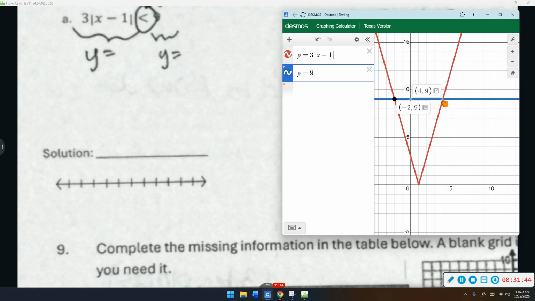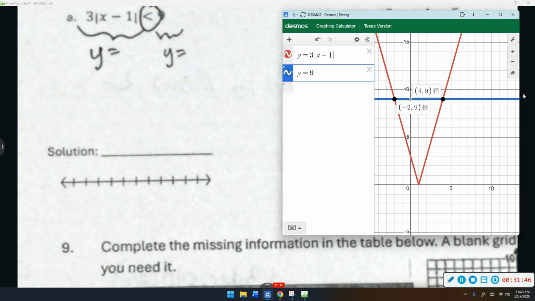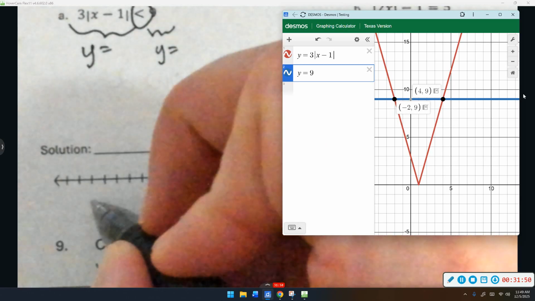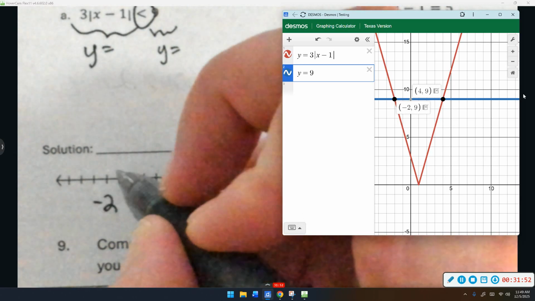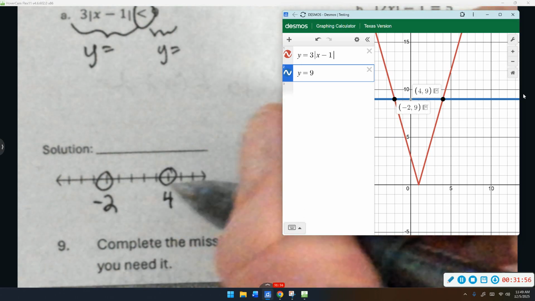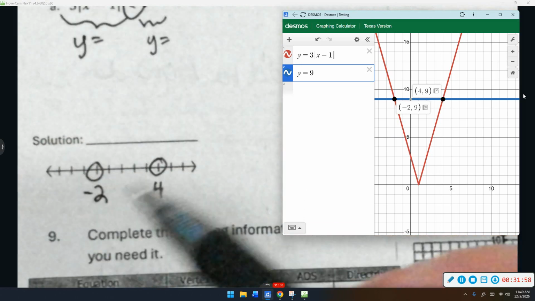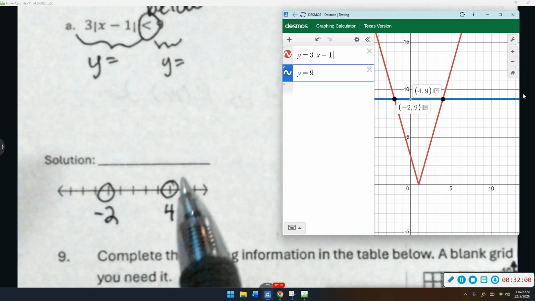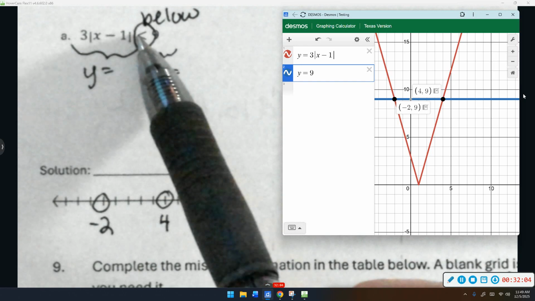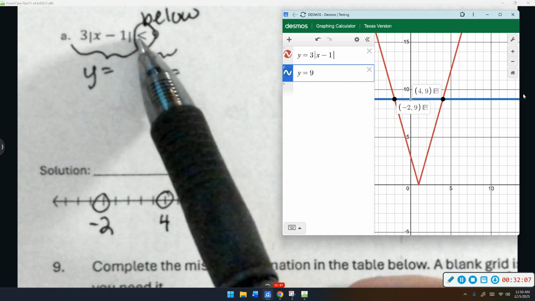They intersect when x is 2 and when x is 4. Just kidding, negative 2. So negative 2 and 4. I'm not counting the appropriate amount of spaces. I don't really care. Okay? Open circles because I'm not including them because there's no equal to in my symbol.